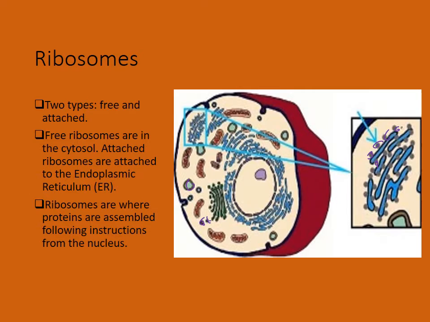Going back to our prison analogy, this is the kitchen or cafeteria staff making food for the inmates. The warden says what is being fed this month, and each day the chefs will make that. The ribosomes will make whatever the DNA says is the protein that should be made.